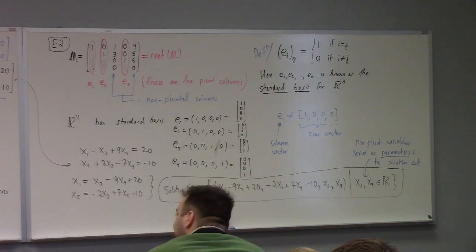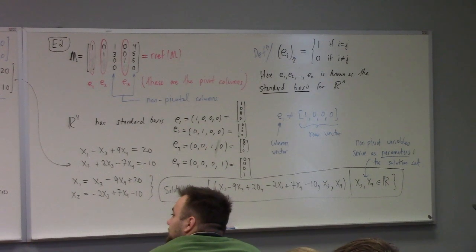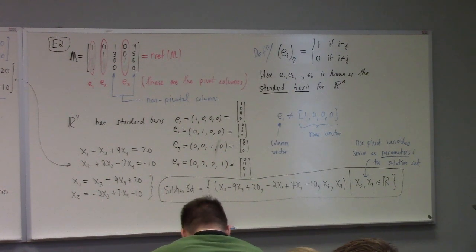So your example would be something like, I've got y plus z equal to 2, and y minus z equal to 3, whatever.